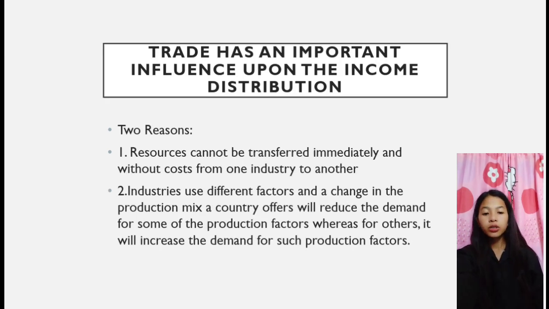Next is, trade has an important influence upon the income distribution. Why is it that trade has an important influence upon income distribution? Here are the two reasons. First, resources cannot be transferred immediately and without cost from one industry to another.